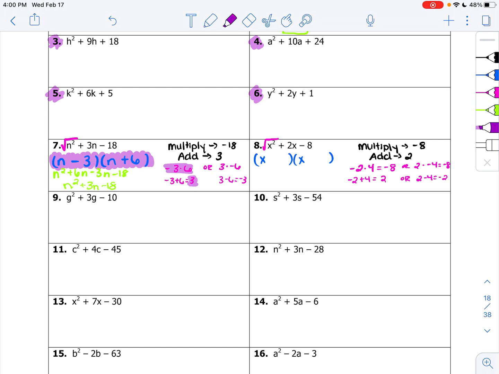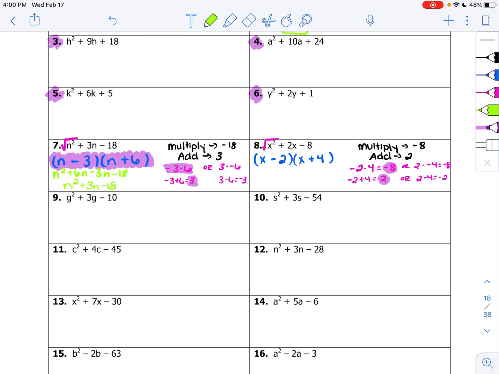We're looking for the combination that multiplies to give me negative 8 and combines to give me positive 2. So that would be the combination of negative 2, positive 4. So minus 2 plus 4 in my binomials.